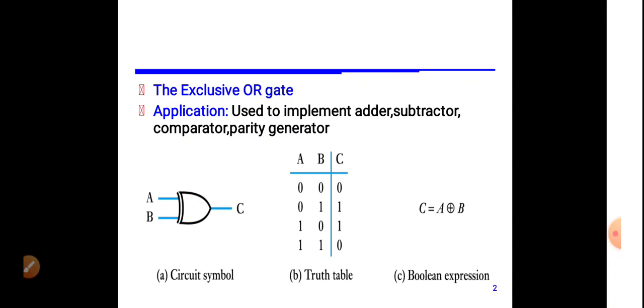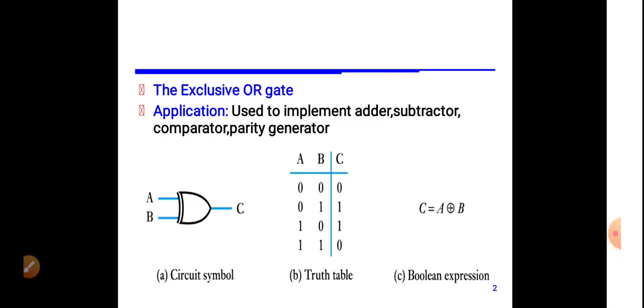Coming to the truth table for the XOR gate, I'm specifically saying this only for the 2-bit XOR gate. In the case of a 2-bit XOR gate, if both the inputs are the same, the output is 0. If both the inputs are different, the output is 1. In the first case, both the inputs are 0 0, which are the same, so the output is 0.